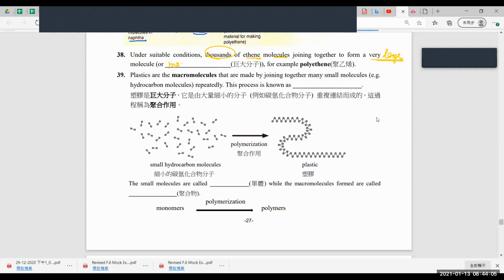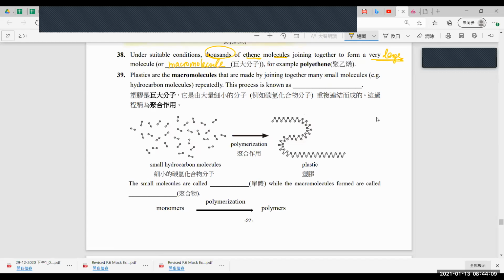molecule, or what we call a macromolecule, 巨大分子. For example, we call it polyethylene, 聚乙烯. This is what you may know as plastics. Plastics are said to be macromolecules, big molecules.